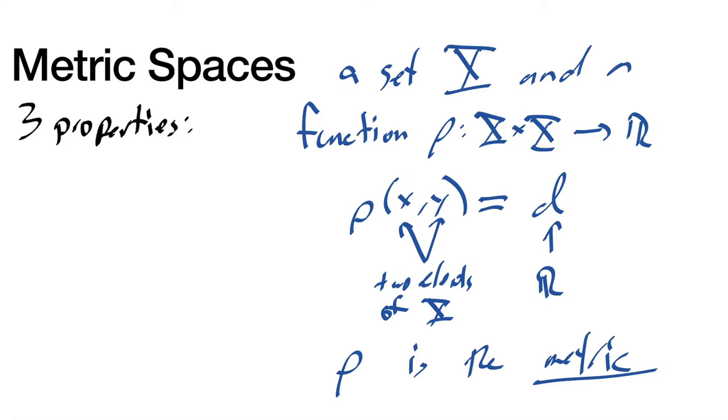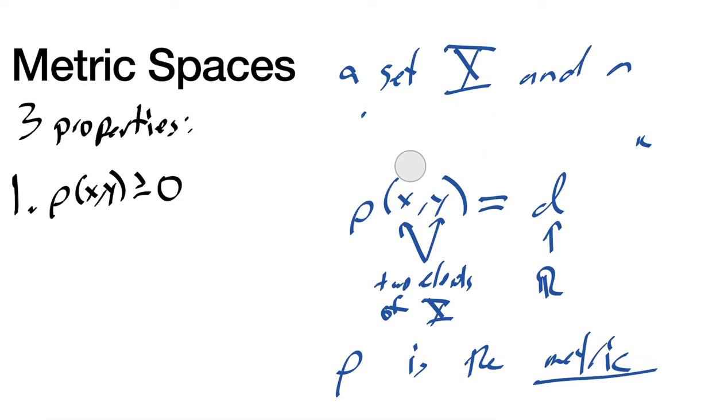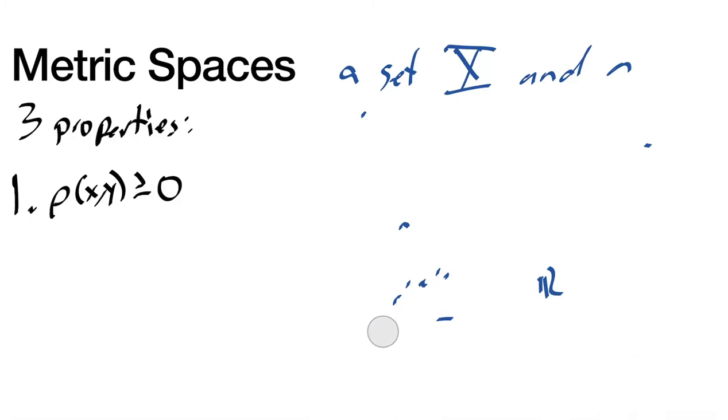So the first property is that rho of x, y needs to always be positive. Remember, we're trying to generalize the idea of distance. Well, I guess I should say it's always non-negative, because we don't want to ever have negative distance.